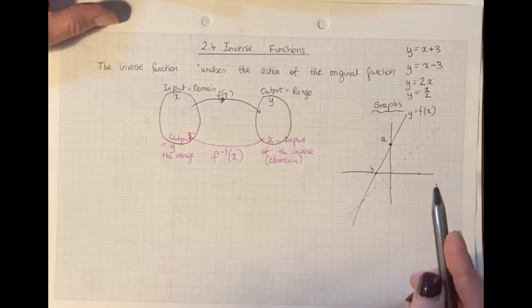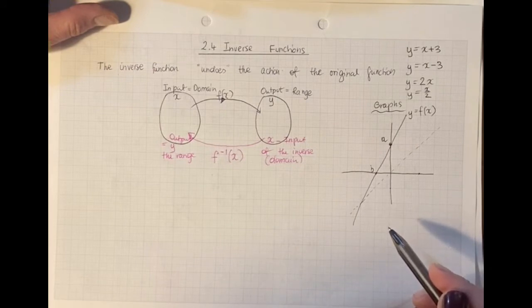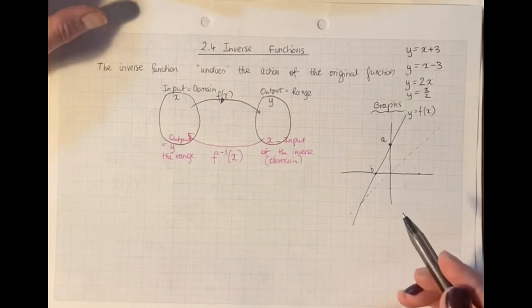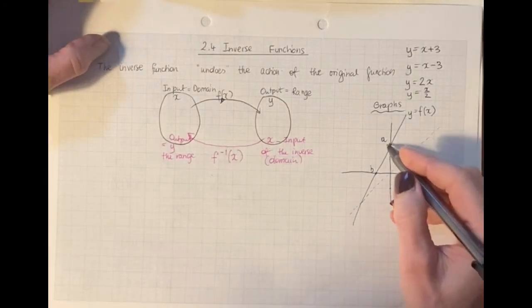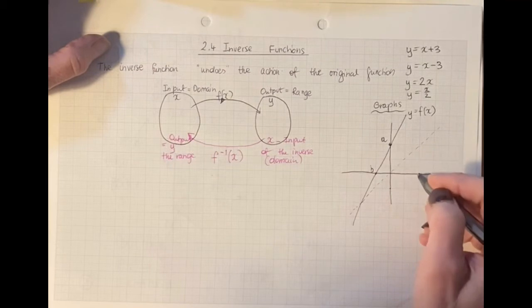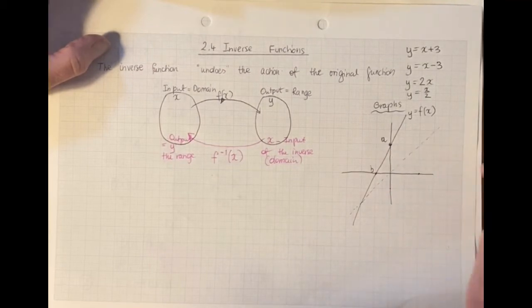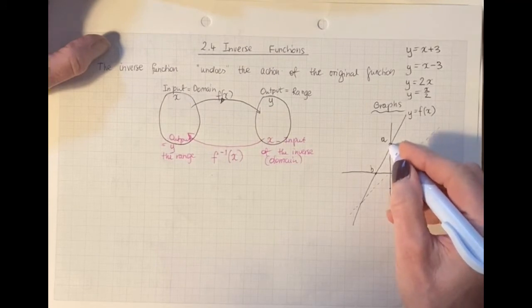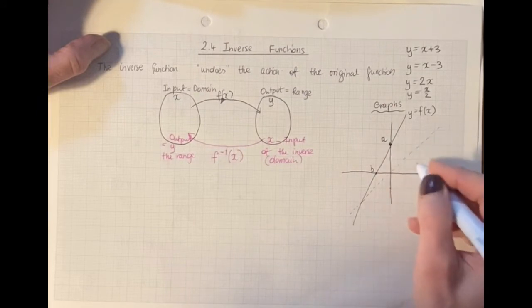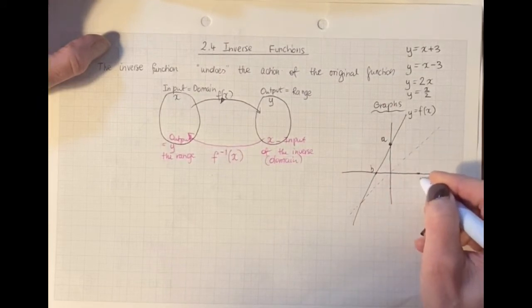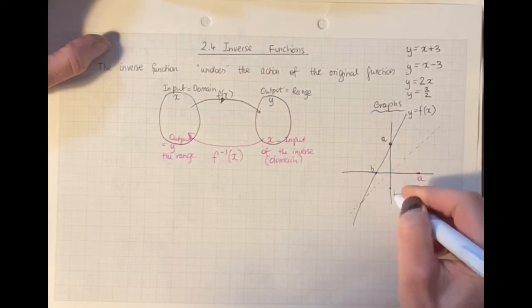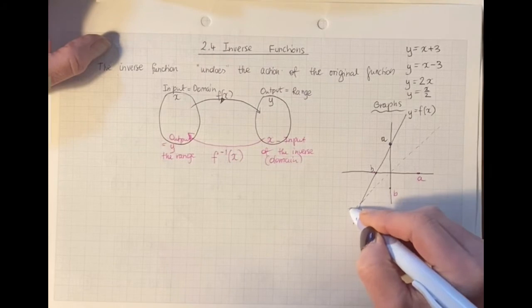Now when you sketch the graphs of the inverse function, because effectively you are switching the role of x's and y's, you will obtain the graph that is, let's just have a look. So if my f of x was a straight line, then this value here, the y-intercept, I called it a, would have to now be on the x-axis, and the value of b here would have to go on the y-axis. Okay, it's going to be negative, but I'll call it b.